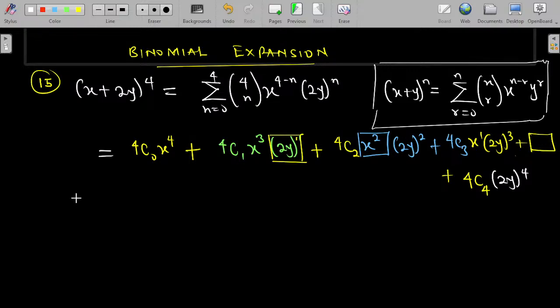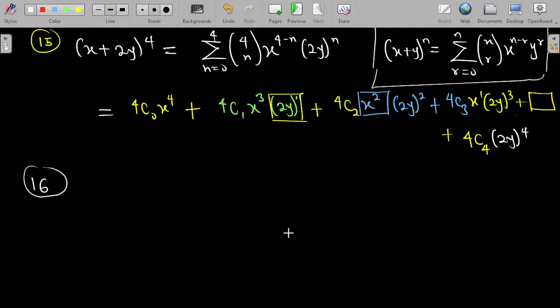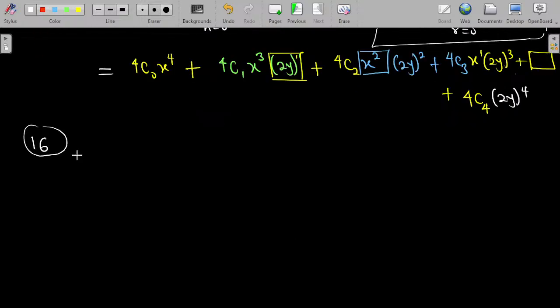Okay, so we move over to number 17. Sorry, number 16. So for number 16, they said we should find the coefficient of x to the power of 10 in the expansion.